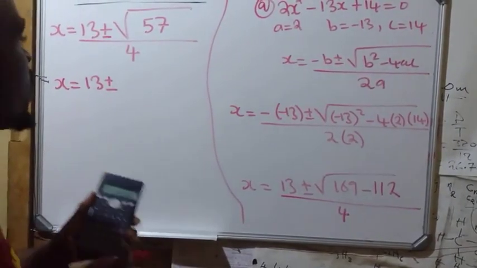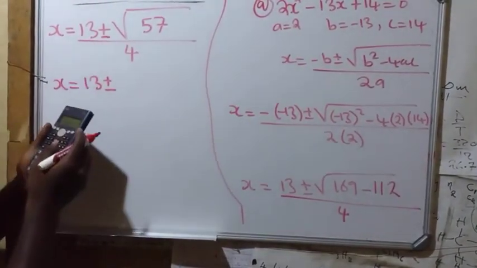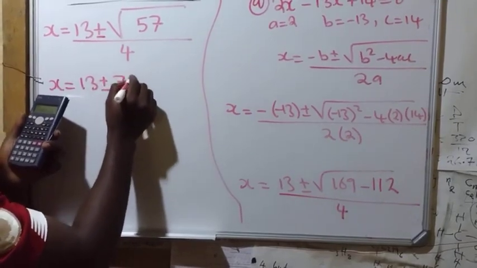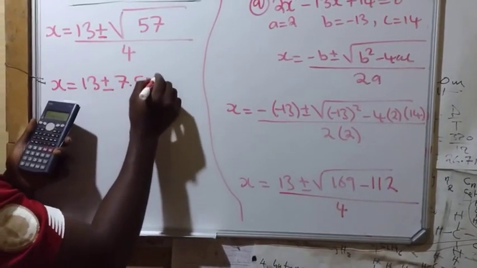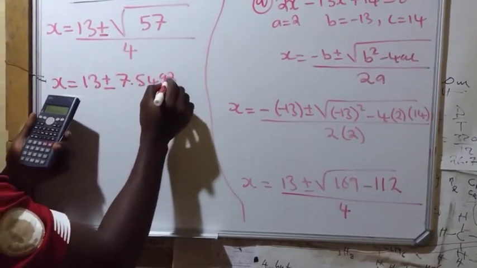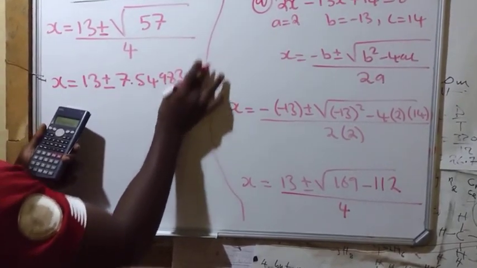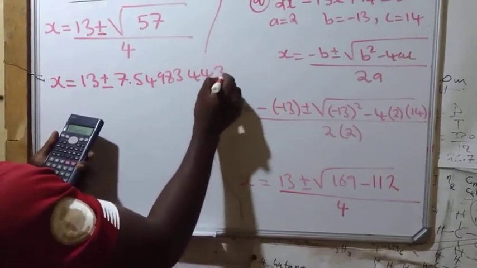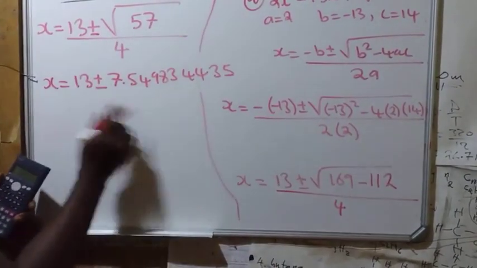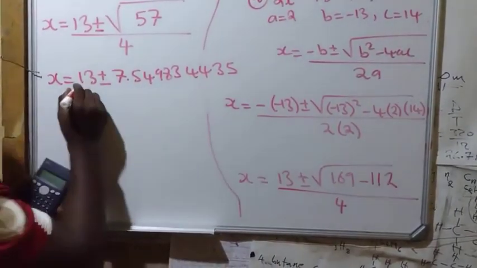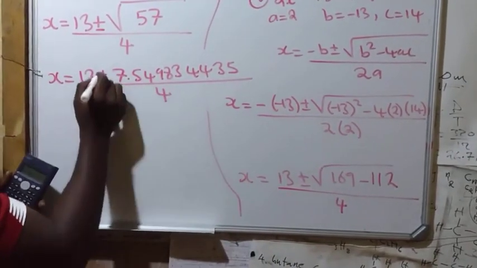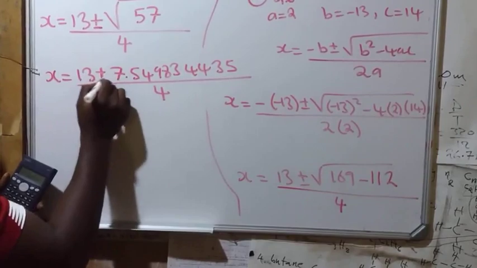The square root of 57, and we're going to get this value, 7 point something. Remember there is a denominator of 4. So here there is a plus and a minus.